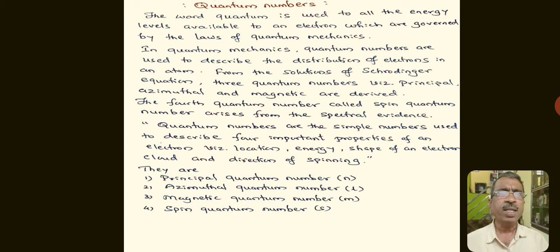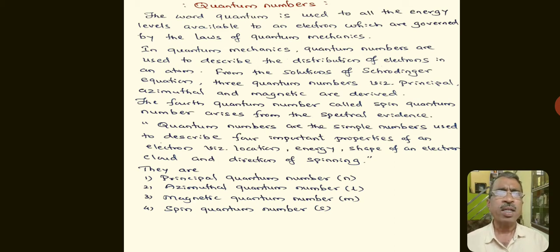In quantum mechanics, quantum numbers are used to describe the distribution of electrons in an atom. From the solutions of the Schrödinger equation, three quantum numbers, namely principal quantum number, azimuthal quantum number, and magnetic quantum number, are derived. The fourth quantum number, called the spin quantum number, arises from the spectral evidence.